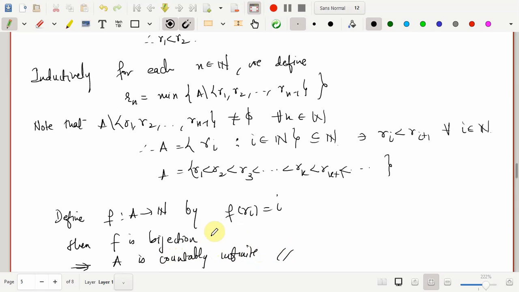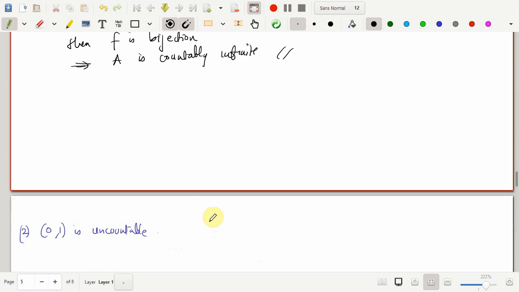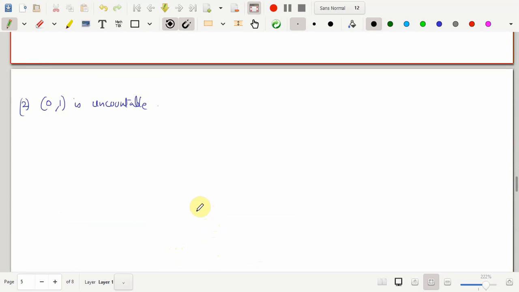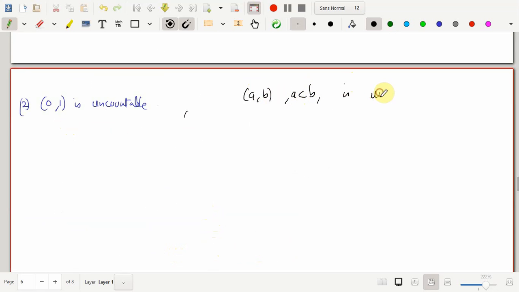So that's the result of the first exercise. Second, the open interval (0, 1) is uncountable, and in fact in general (a, b) where a is strictly less than b is uncountable, and even if you consider the endpoints, it will still remain uncountable.